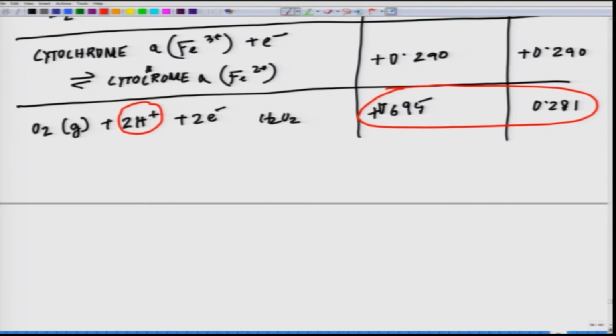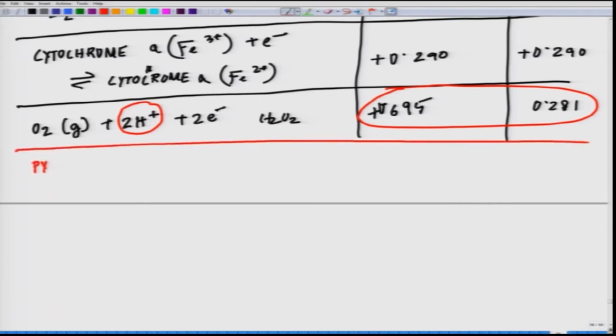Okay. Similarly, let us take another example, pyruvate to lactate. Okay. Once again, pyruvate plus 2H plus plus 2 electrons, this is making a lactate. Okay.